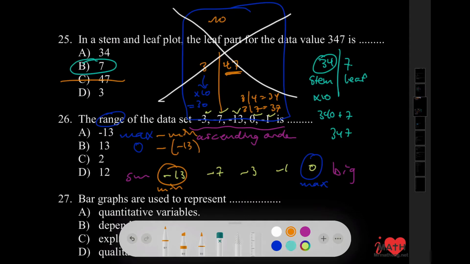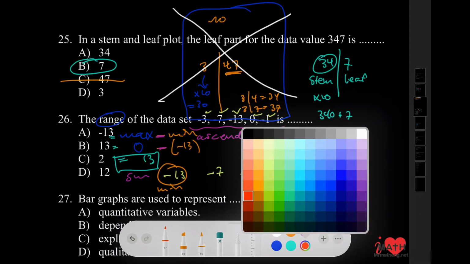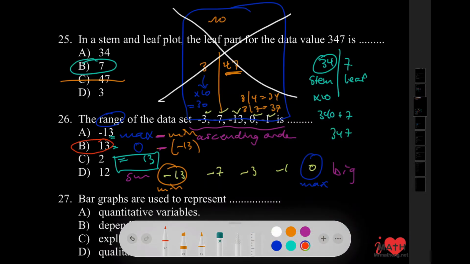And you'll recognize that my answer is a positive. Now, what does that mean? The reason it's a positive 13, not a negative 13, is that the formula has a negative sign, so you have to subtract. So 26 is B. And if you think about it, the range has to be a positive number.